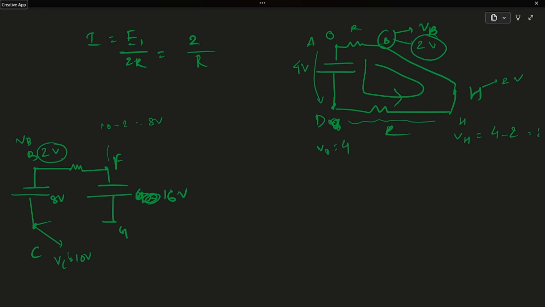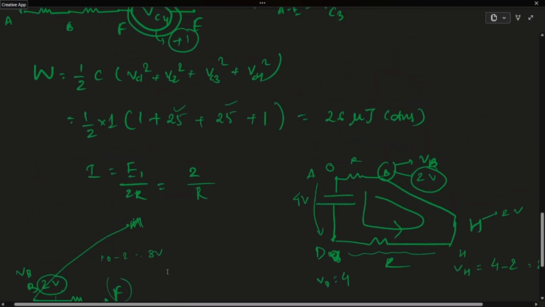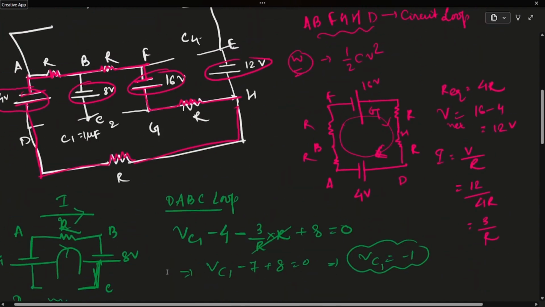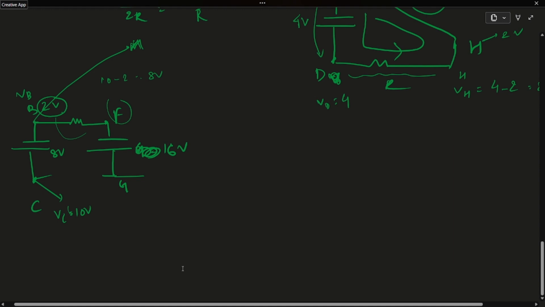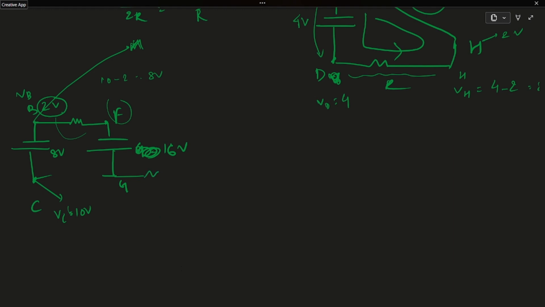Then there is an F point. This is H. The G is connected with H, right?